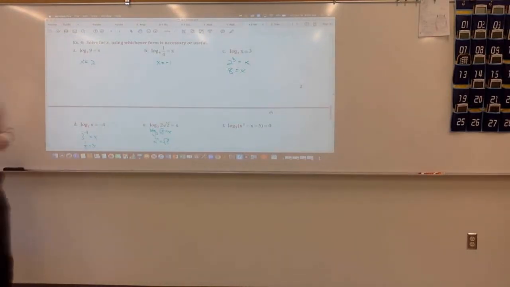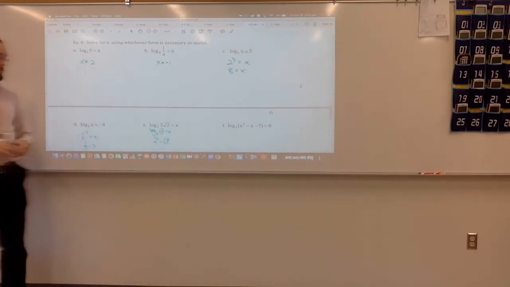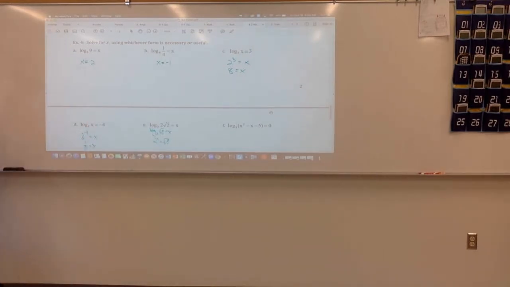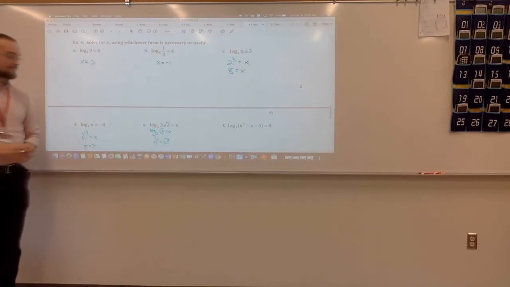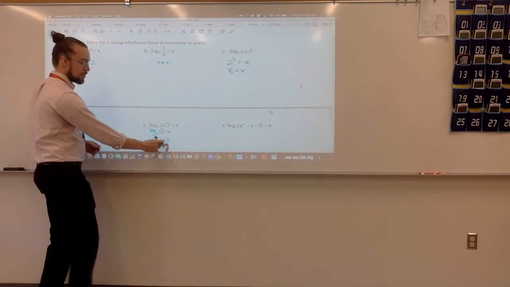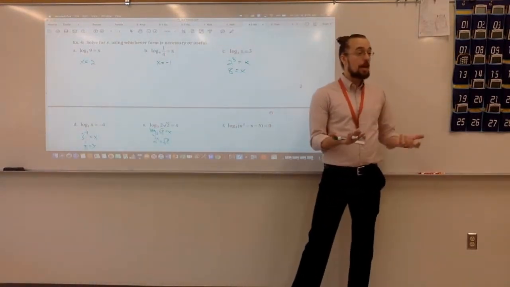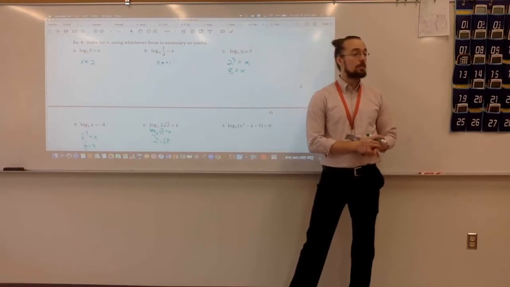2 to the 2nd power is 4. It's got to be 3 over 2, or 2/3. So the square root of 8, I could rewrite 8 as 2 to the 3rd power.